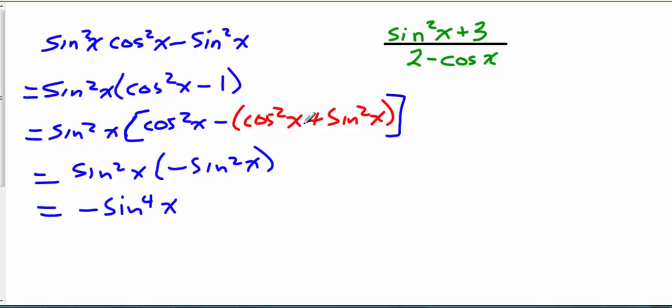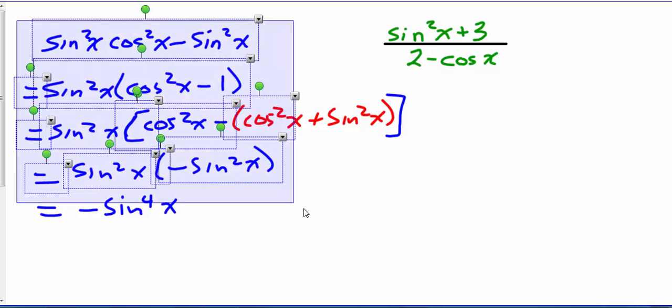Now, I'll be honest, I didn't know how well that was going to work, but it's one of the rules I have. I know that cos squared and sine squared add to 1, and so when I see a cos squared there and I see a 1, it seems like a reasonable thing to try, substituting the cos squared plus sine squared and just seeing what's going to happen. Obviously, the fact that it was a subtraction, I could kind of see that I was going to get cos squared minus cos squared, but it was still sort of a try and see what happens.